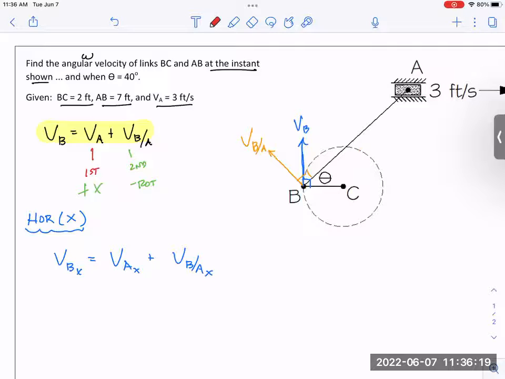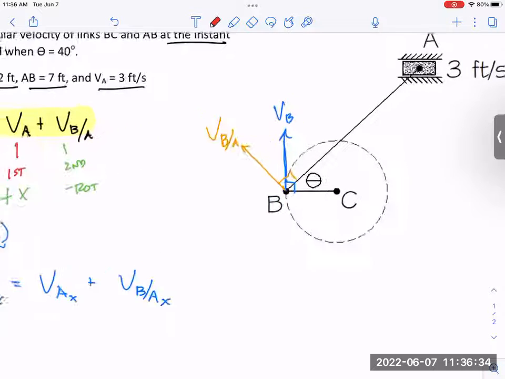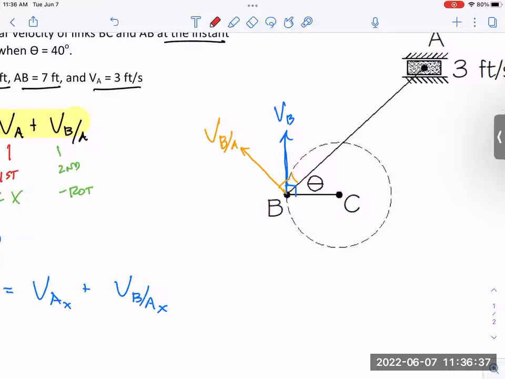Now, that's great, except notice that's velocity of B and velocity of BA, not velocity of BX, velocity of AX. So I can't plug those into this formula. But let's stare at this a little bit. If we agree that this is 40 degrees, then since the blue 90 is there, wouldn't this angle be 50 degrees right here?